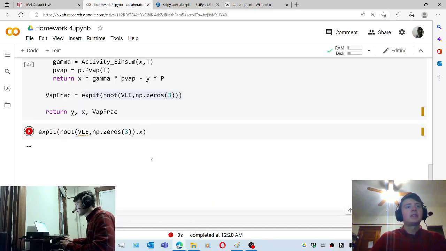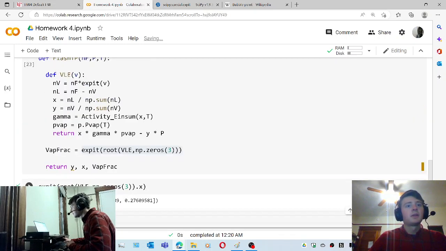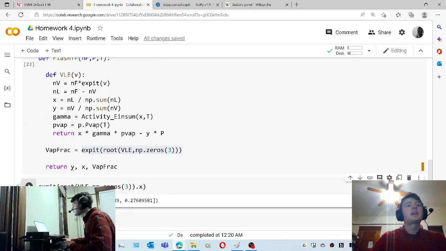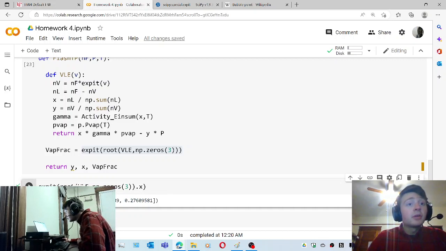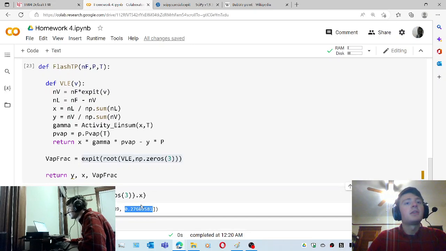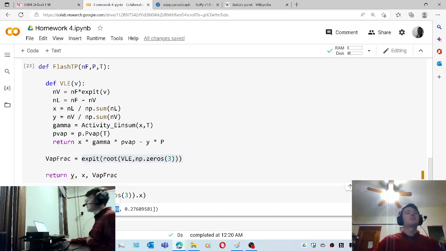I need to look at the X, not the whole thing. Okay, so I think this is methanol, ethanol, and water. It's saying that 28% of the methanol goes into the vapor phase, 28% of the water and 27% of the water.